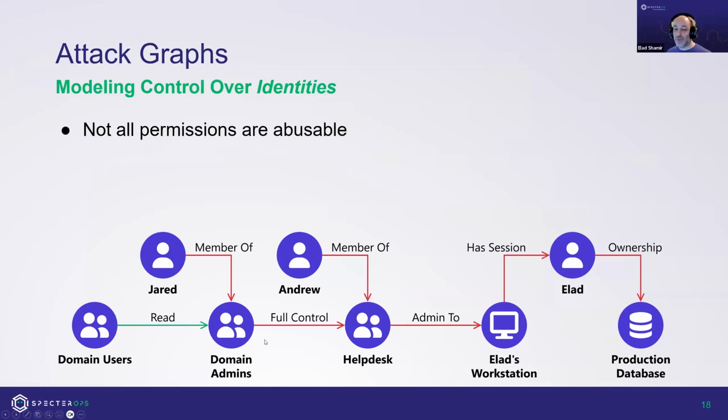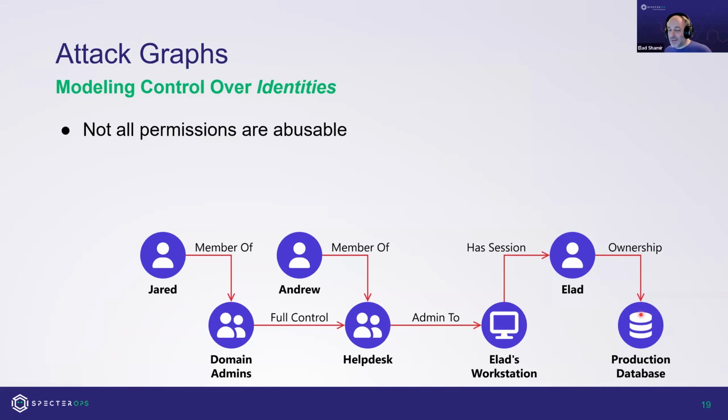So we should remove this edge from the attack graph. And after we've done that, we have an attack graph that actually represents all the paths that allow us to go from one node to the other. And if there is a path, it actually guarantees that an attacker traversing this path can actually take over whichever node they land on.